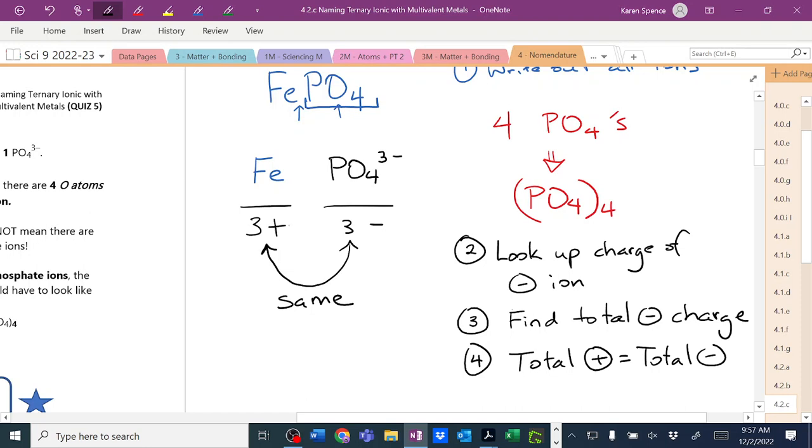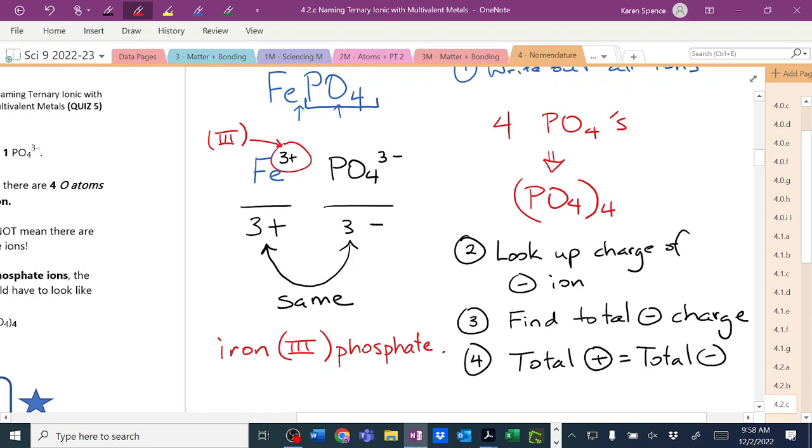And there's nowhere for this to go except for on this one here. So that is 3 plus, which tells us that the Roman numeral is 3. So now we name it. We have iron, we have a 3, and then we have phosphate.